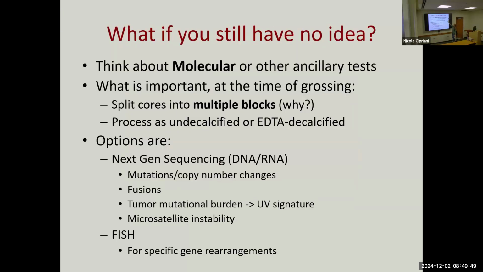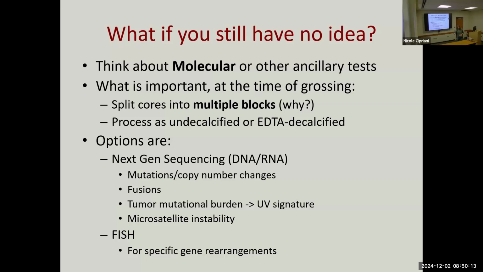If you are not dealing with a core biopsy, and you're dealing with a larger resection specimen, what do you have to ask yourself? Was there a prior biopsy that we have tissue on that was not decalcified? And how much of the current large specimen can we extract not decalcified?